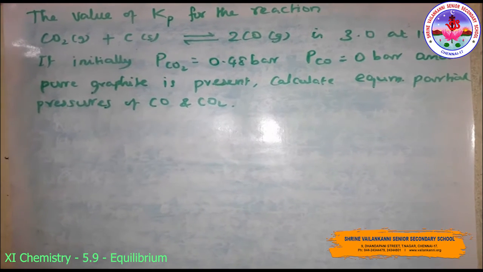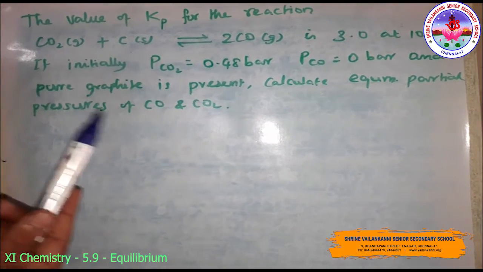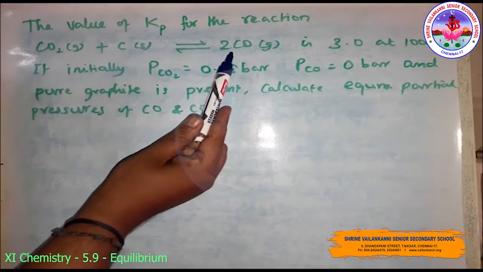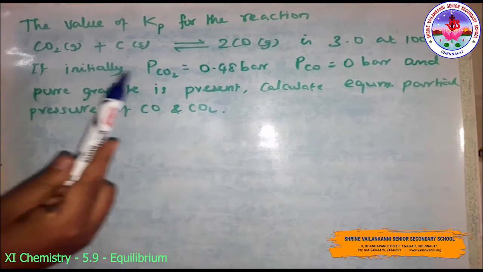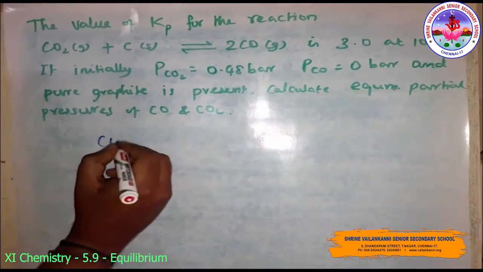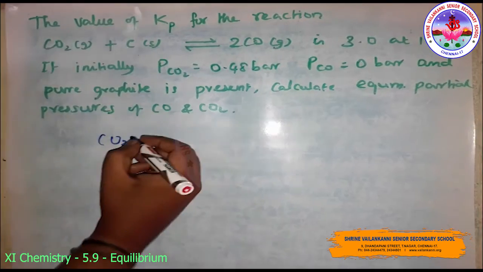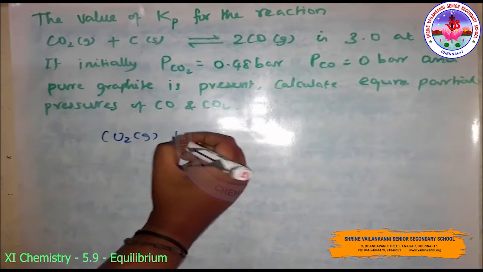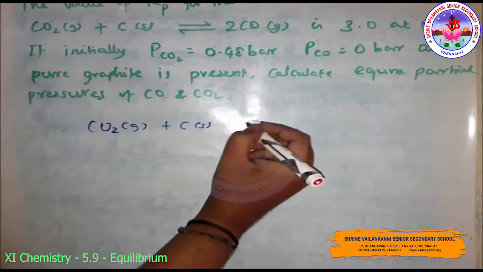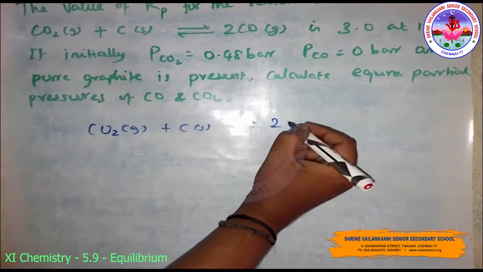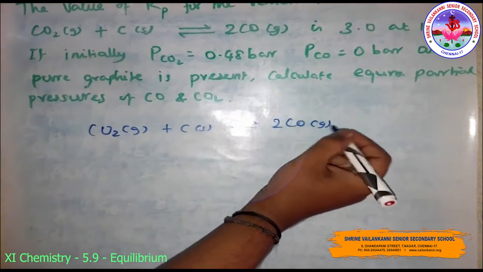Here, let x be the decrease of pressure in carbon dioxide. So you have to write the equation: CO2 gas, carbon solid, 2 moles of CO gas.